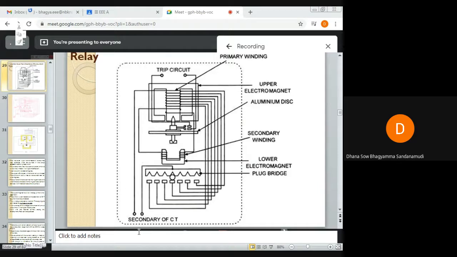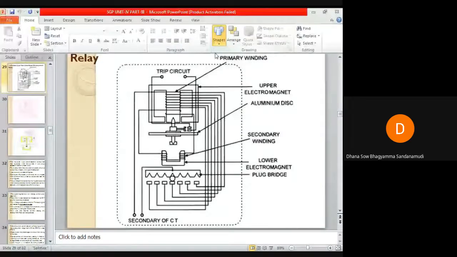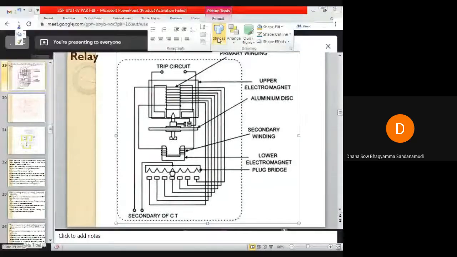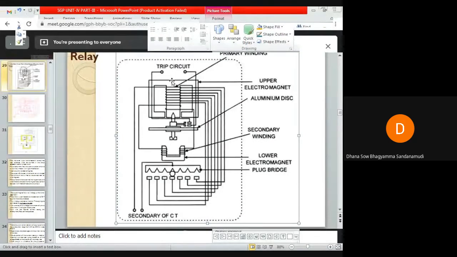So whenever current flows through the primary winding of your upper electromagnet, flux is induced in the upper electromagnet.